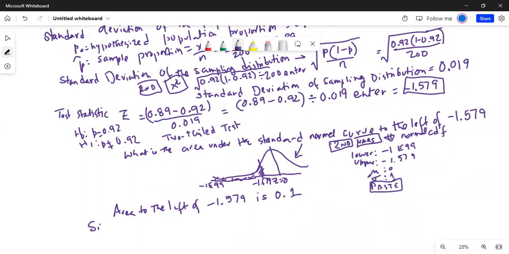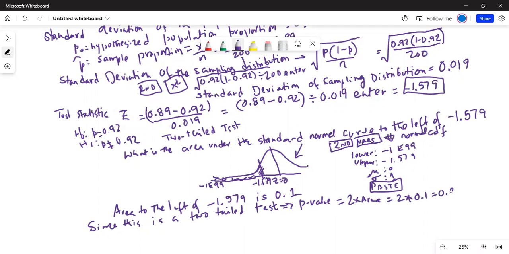Since this is a two-tailed test, the p-value is twice the area, or 2 multiplied by 0.1, which is 0.2.